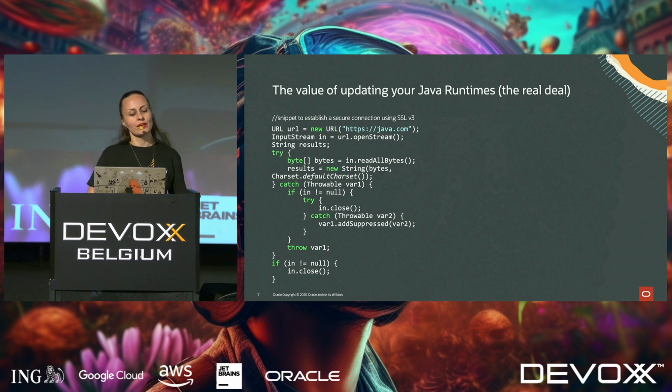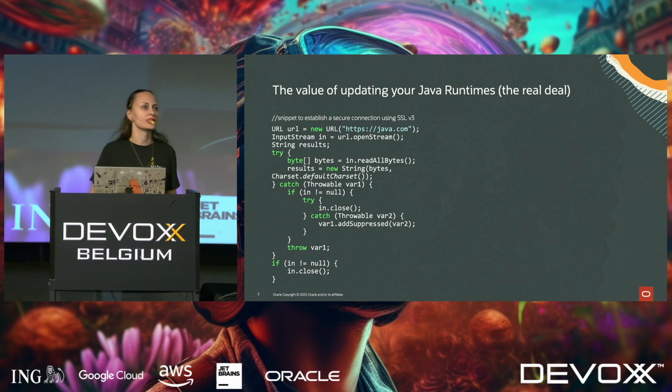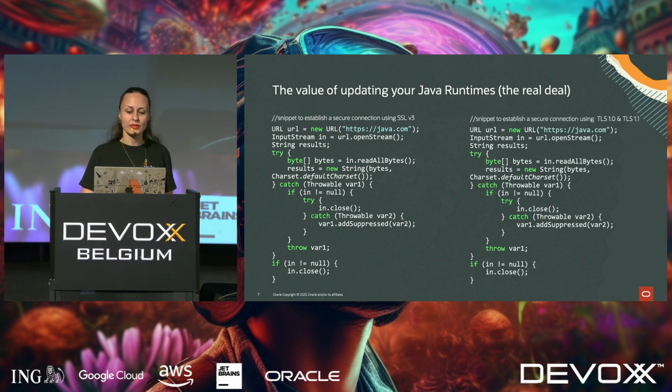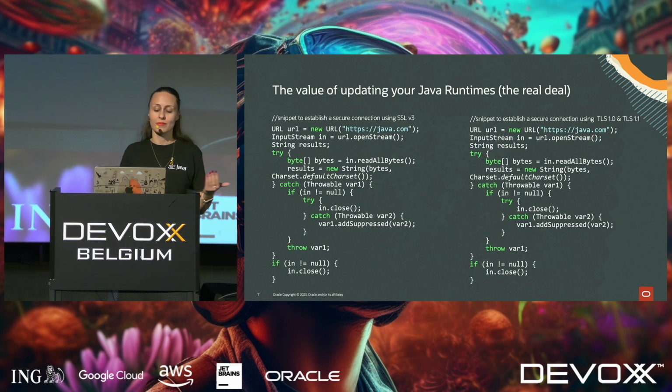Now, the interesting part is that SSL version 3 was disabled by default in JDK 8 update 31 in January 2015. So you had to change your application code to use TLS version 1.0 and TLS version 1.1.